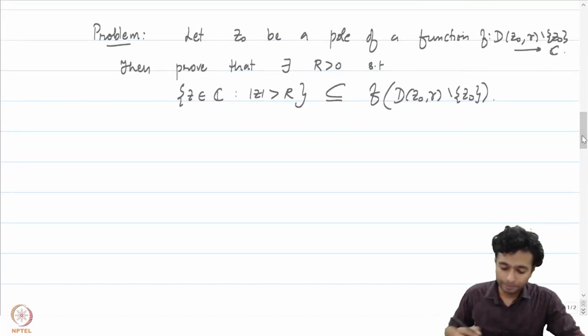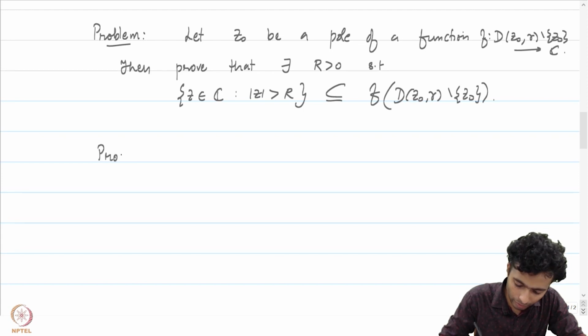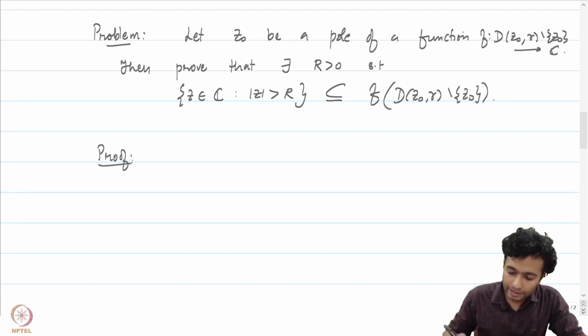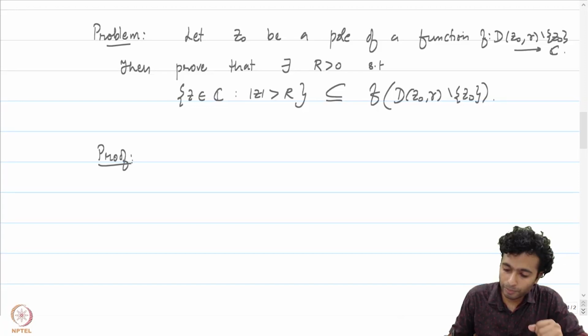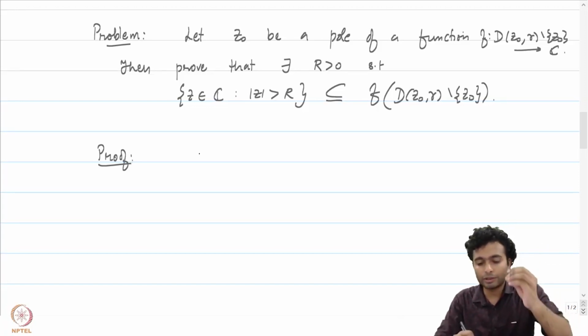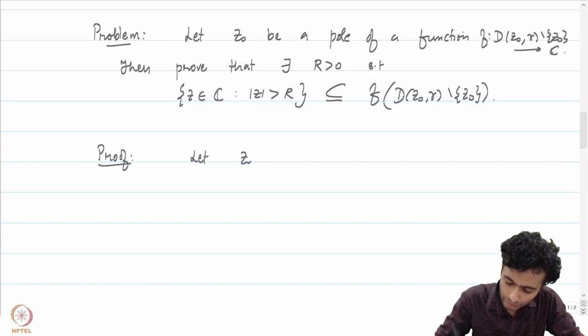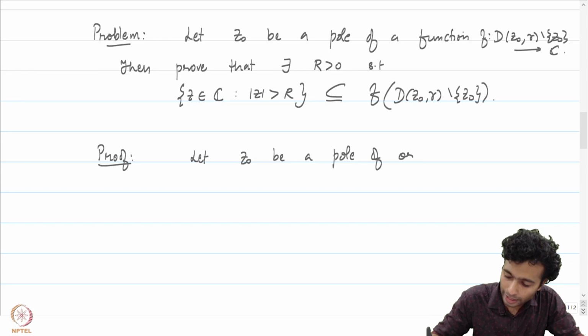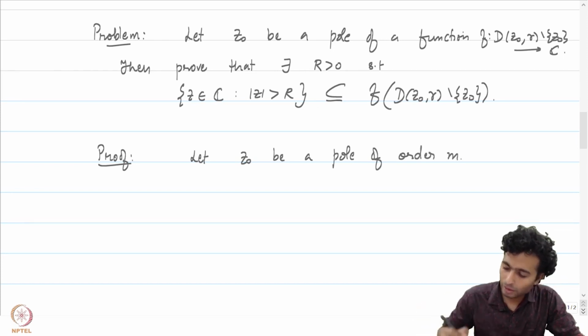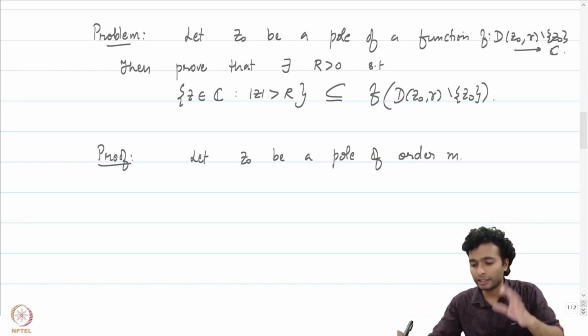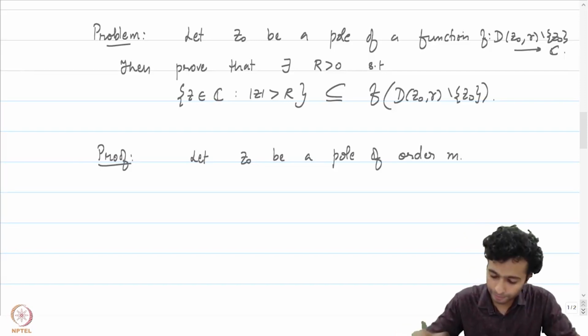Let's try to prove this problem. If you go back and check the behavior of a pole, suppose our z0 is a pole of order m. We may assume without loss of generality that on D(z0, r) minus z0, f does not vanish.